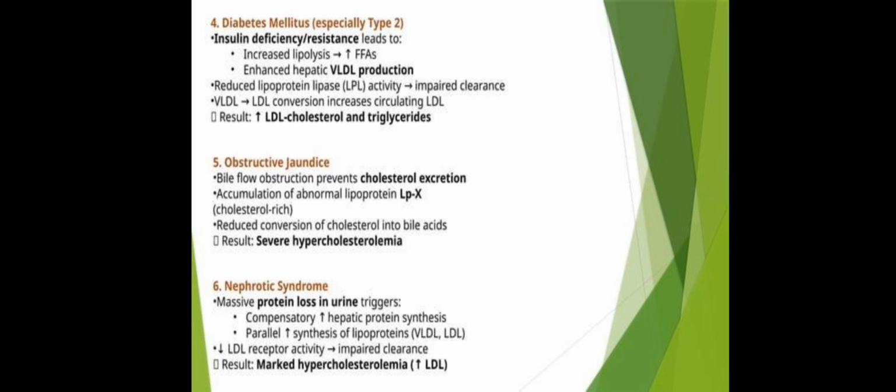Abnormal values means what is desirable, what is borderline, high risk and very high. We have discussed the diseases which can be mainly caused by alterations in the levels of lipoproteins, and finally the factors that are affecting them, and that's what we have discussed.